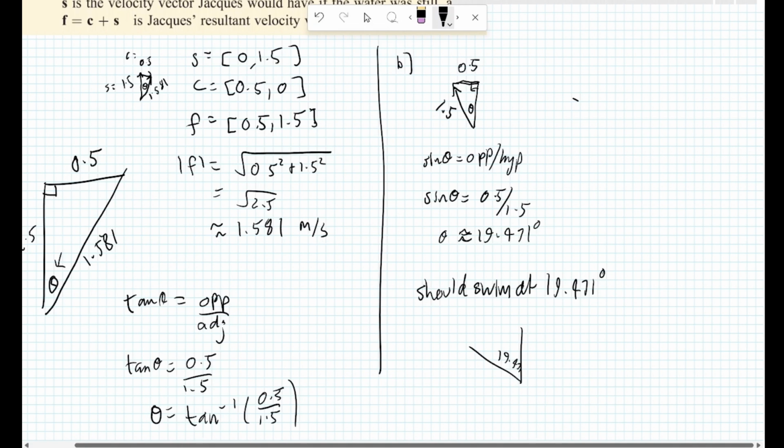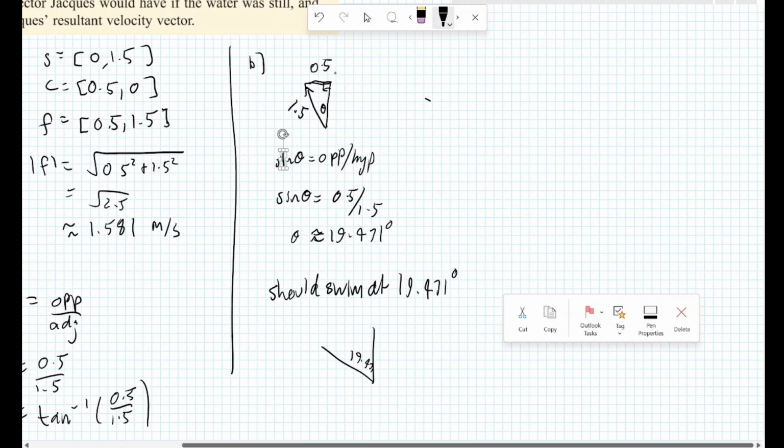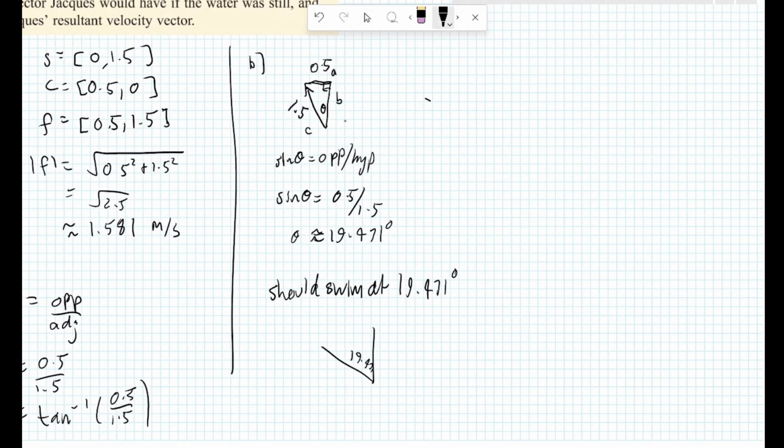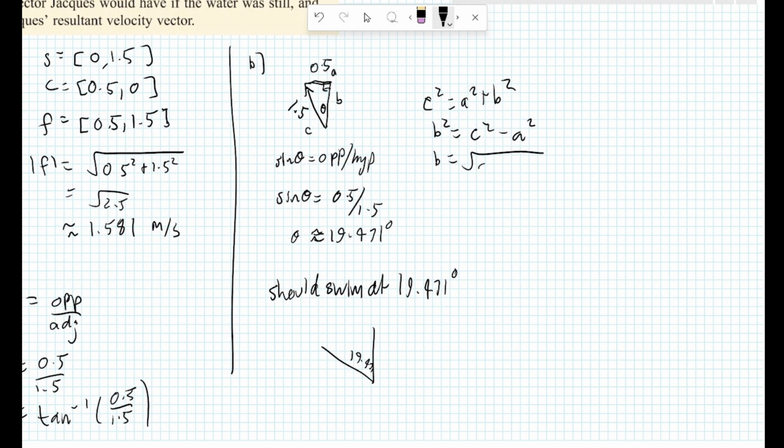There we go. And then if we want to work out the speed, so if we call this A, B, and C, C squared equals A squared plus B squared. That's Pythagoras. So if I want B on its own, B squared equals C squared take away A squared. So B equals the square root of C squared take away A squared, which is the square root of 1.5 squared take away 0.5 squared.